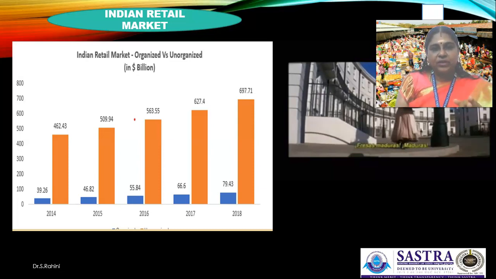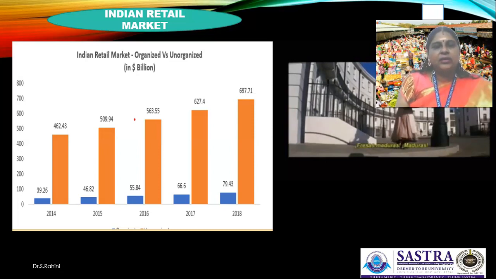Then it is 46.82 in 2015, and in 2016 it is 55.84, and then it was raised to 66.6, and in 2017 and 2018 you can see it was drastically improving, and it comes to 79.43. The trend is upward. It was very high.